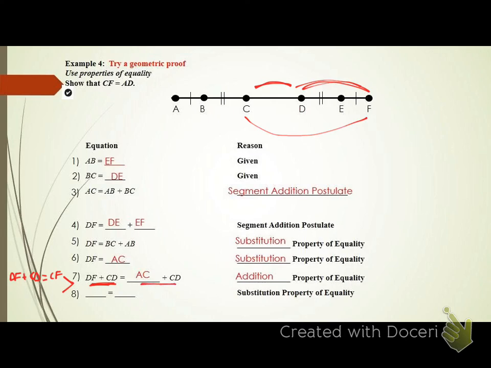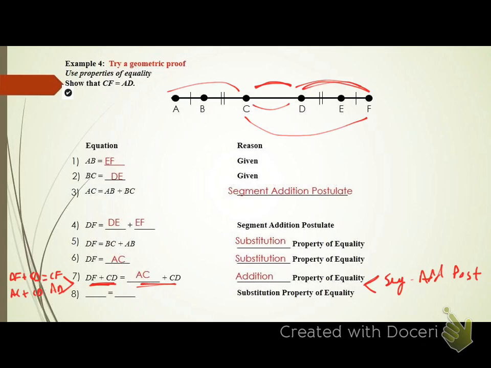And since we're using AC and CD over here, we can say that AC plus CD is going to be equal to AD, right? And this was all by the segment addition postulate. And since I'm adding this in, I'm going to use the same reason and just write it down once.